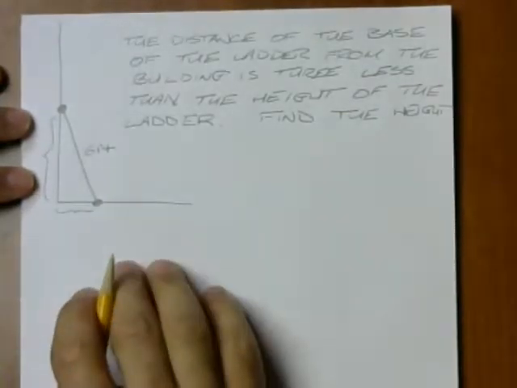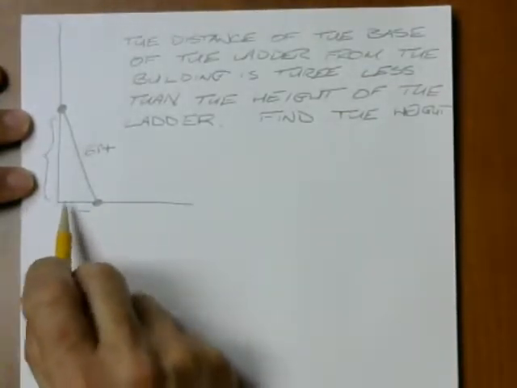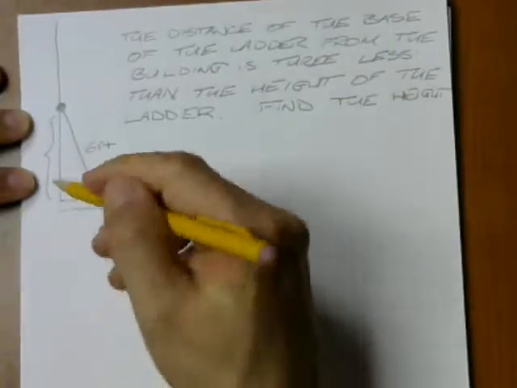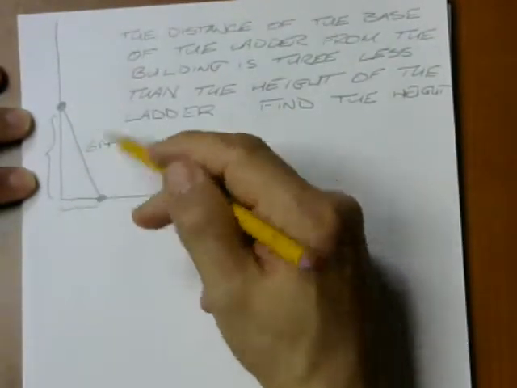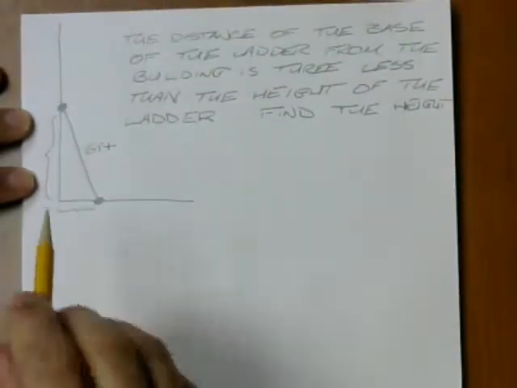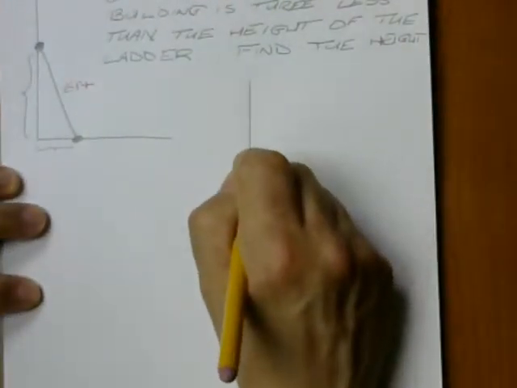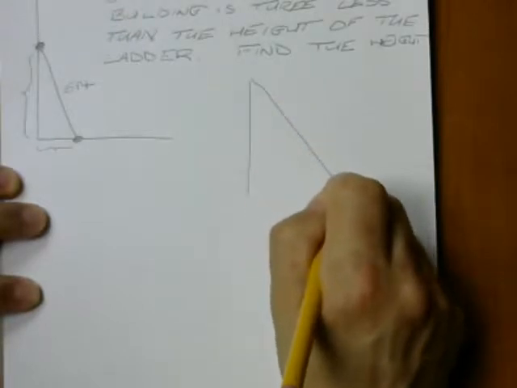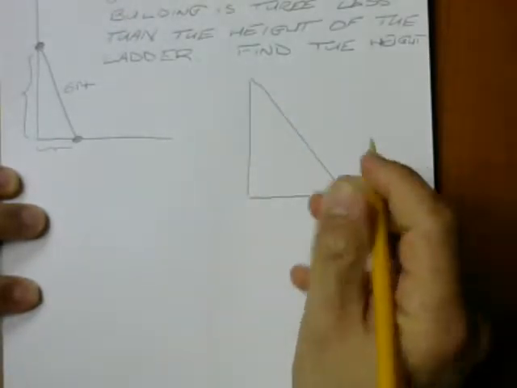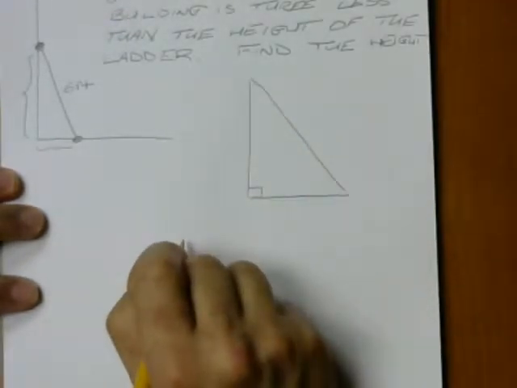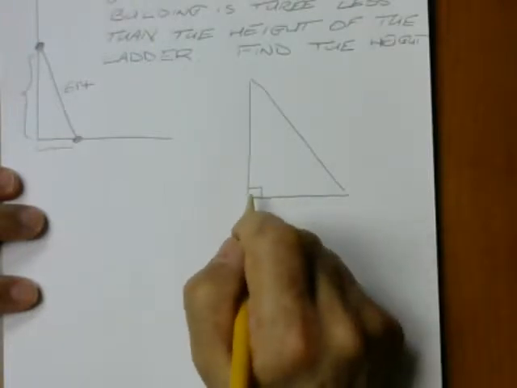Okay, so I know that this number is 3 less than this number. So what do I have here? I have a triangle. And what do I know? Well, if we assume that the building is built kind of straight, this is a right angle.